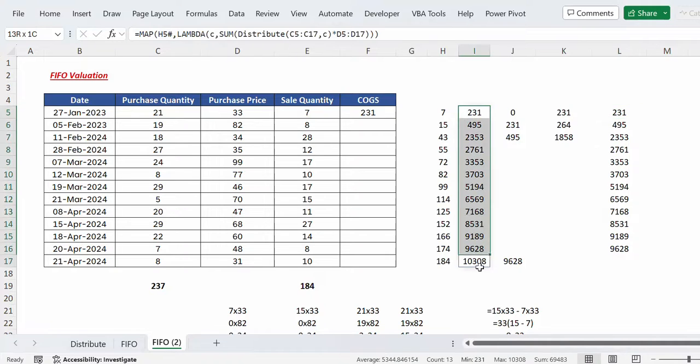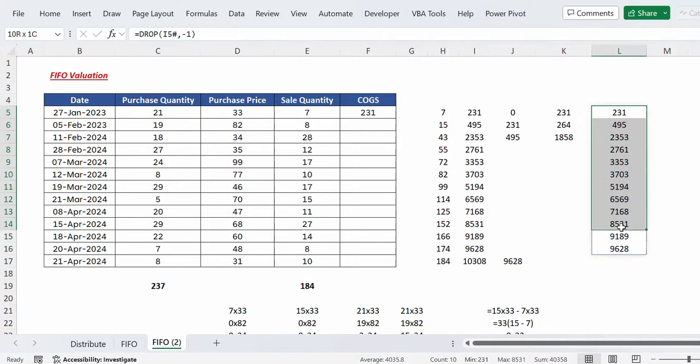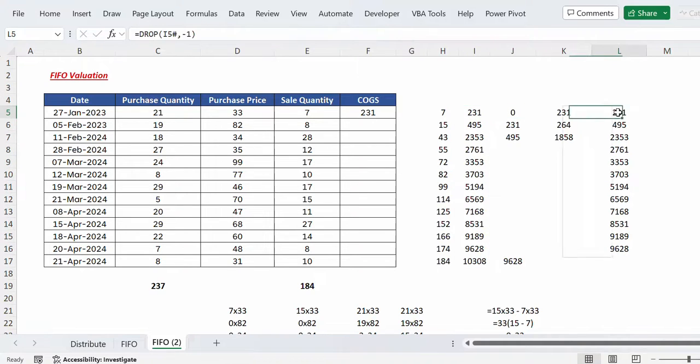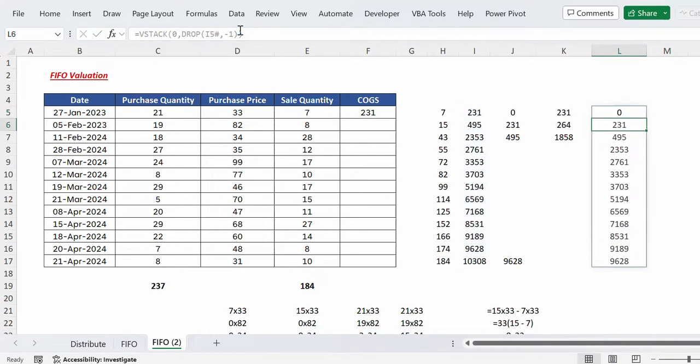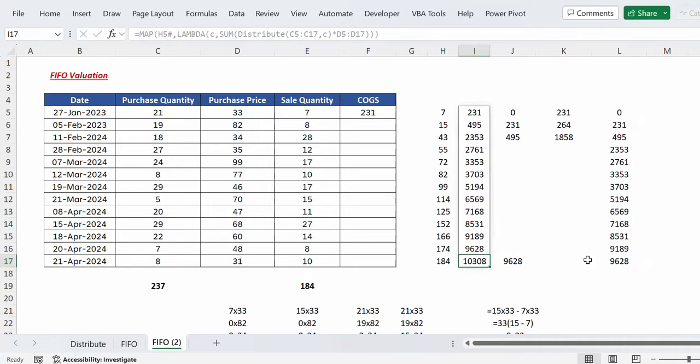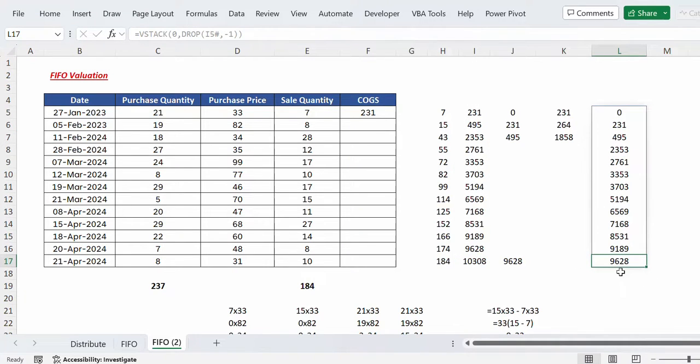Now the size of both these arrays is uneven, and we want a 0 at the start. So we will vstack a 0 at the start, and let's close the bracket. And we have got the desired result: from this 231 we will subtract 0, from 495 we will subtract 231, and so on. And from this 10308 we are going to subtract 9628.